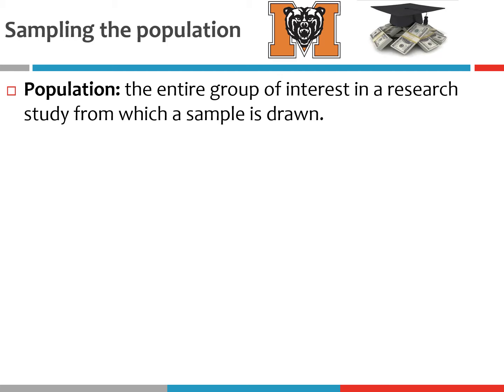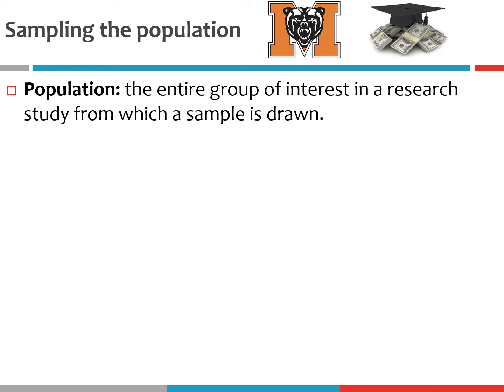But chances are you wouldn't be able to survey, right, or sample the entire population, right? And sometimes, even if you were able to identify the entire population, they might not want to participate in your study, right? So even if you could track them down, maybe they don't want to express their opinion about this tuition increase, right?